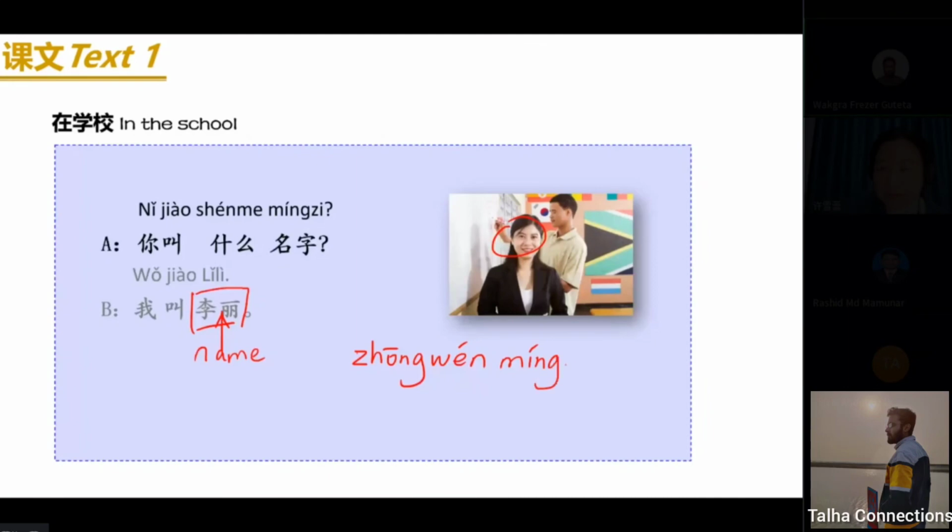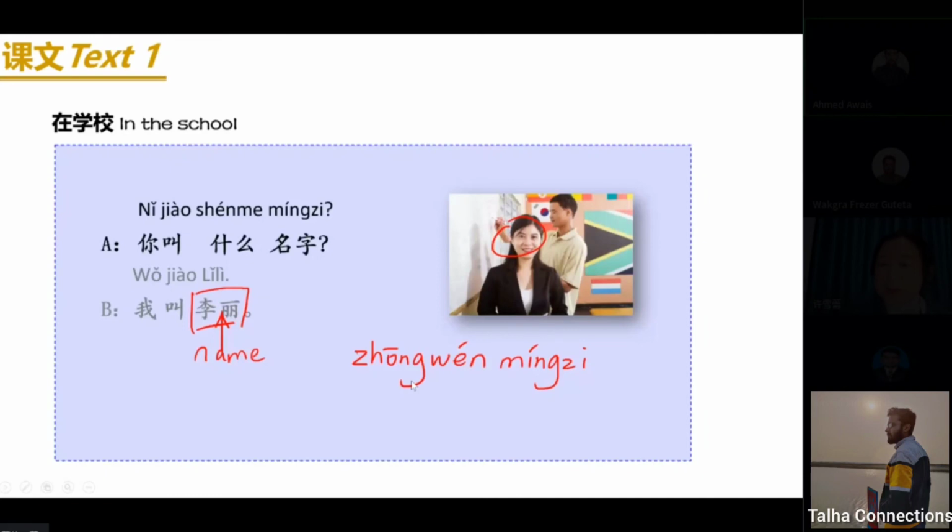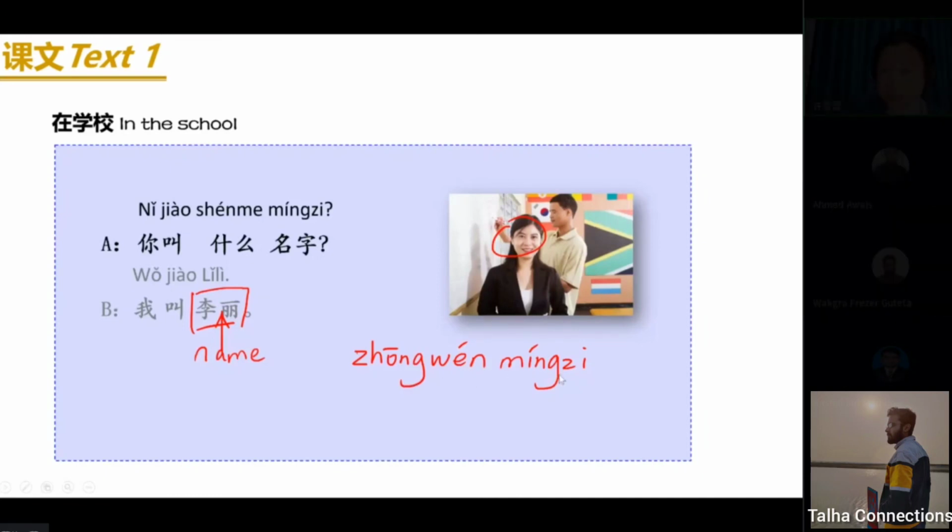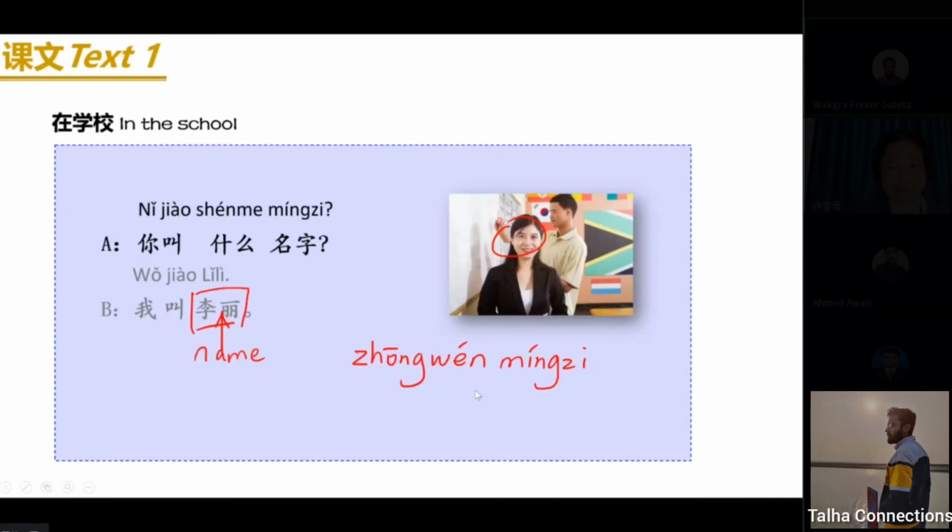Chinese language, 名字, so Chinese name. 中文名字. That's Chinese name. So later, when you learn more characters, you may pick someone you like to name yourself. Someday you will have your 中文名字.